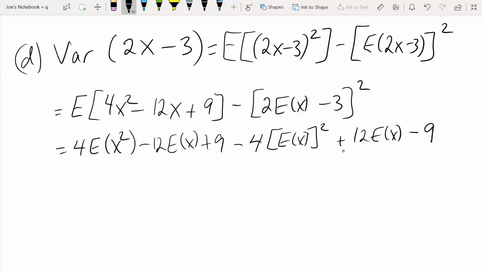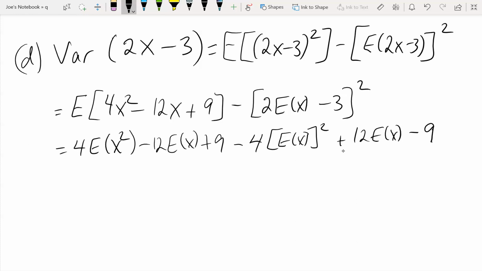There's a reason why I didn't put numbers in, to show a more general result. The crux of this one is that I just use the variance formula, but I treat my 2x minus 3 like it's the variable. So I do the expected value of 2x minus 3 squared, minus the expected value of 2x minus 3 quantity squared.